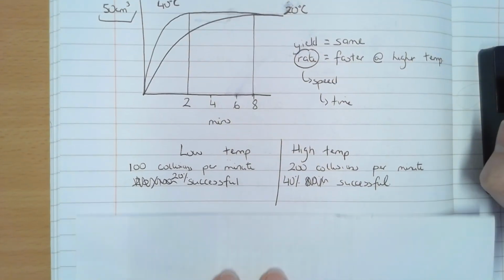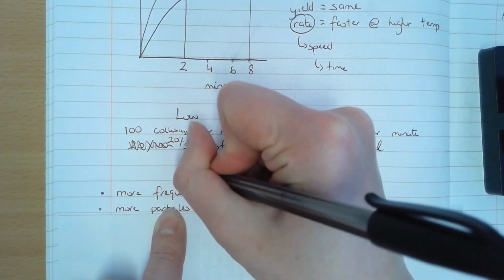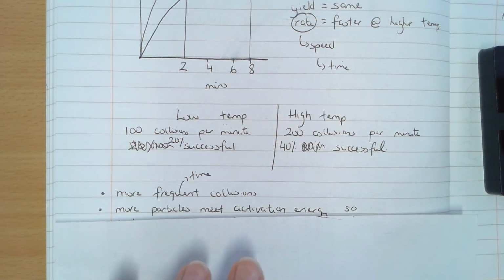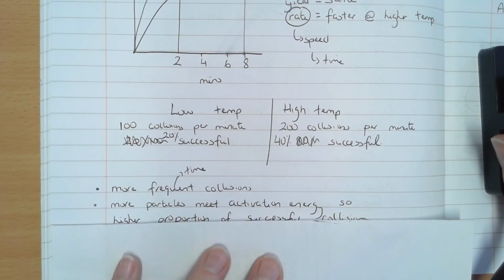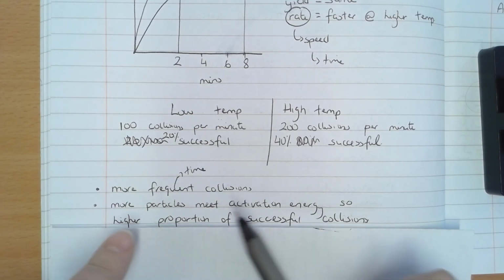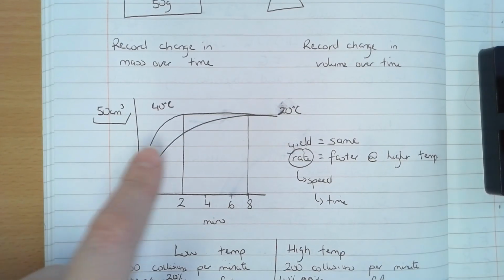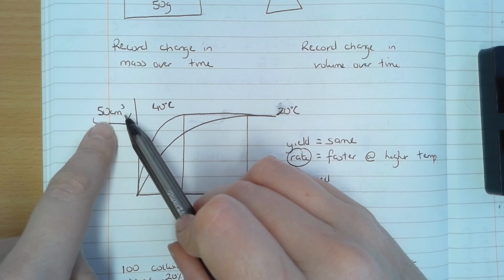So in terms of phrasing this in the exam, all right, more frequent collisions, the word frequent is your nod to time, which makes it suitable for rate. And then I'm also going to say more particles meet the activation energy, so you get a higher proportion of successful collisions. Now be careful the way you phrase this. I can't say I've got more successful collisions, because ultimately they both produce 50 centimeters cubed.